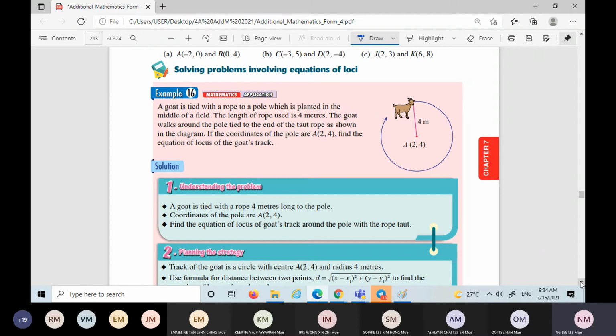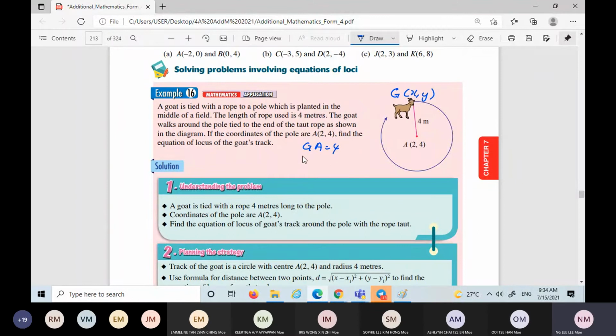They want you to find the equation of the locus of the goat's thread. So same thing, you set this goat as (x, y), only then can you get the equation. So GA is equal to 4.